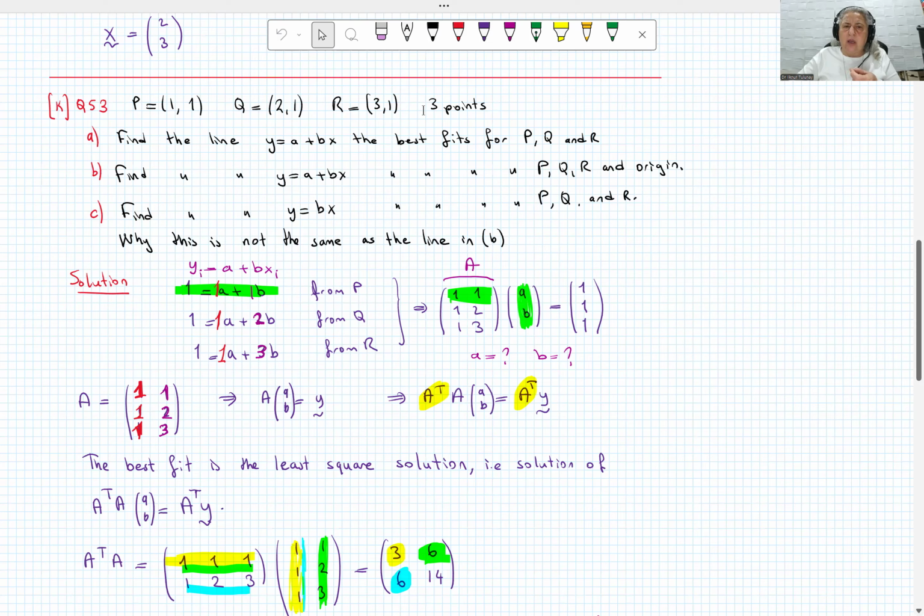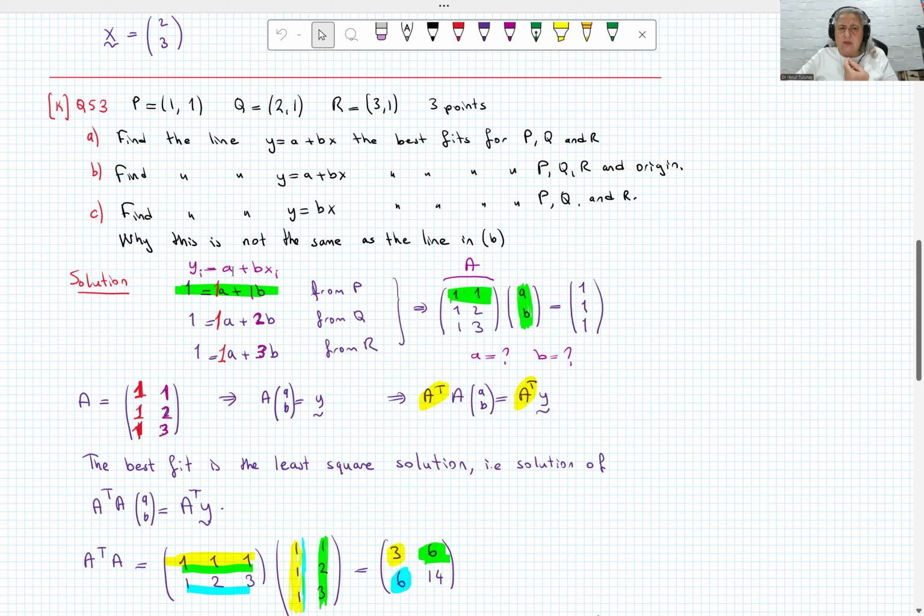So I am converting these points into an equation system. In this equation system, A and B are unknown. That's what we would like to find out. And we have 3 equations, 2 unknowns in this case. So the coefficients give me the coefficient matrix: 1, 1, 1, 2, 1, 3.